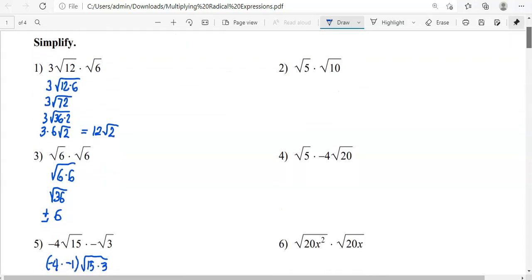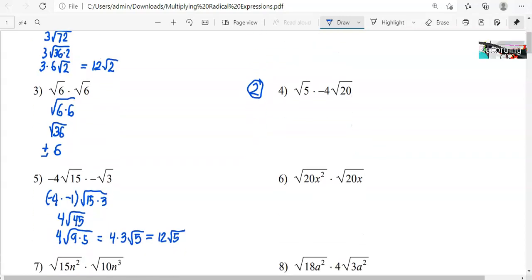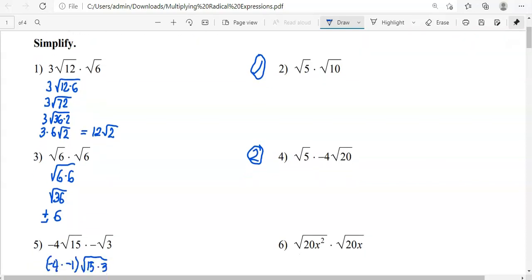So try natin to, yung mga even numbers. So itong number 2, gawin nating number 1, gawin nating recitation yan. So this is number 2. Okay. Number 3.